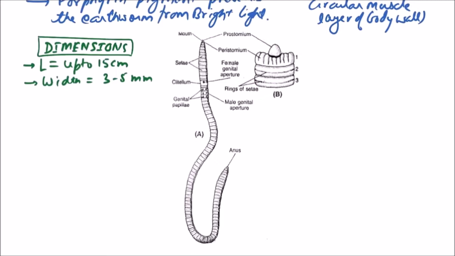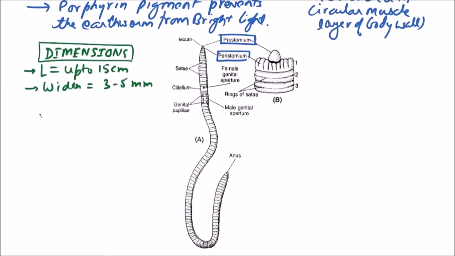The first segment of earthworm is known as peristomium. This is the first segment, and an overhanging fleshy appendage that protects the mouth is known as prostomium. So the earthworm is having peristomium as the first segment and prostomium as a fleshy lobe.